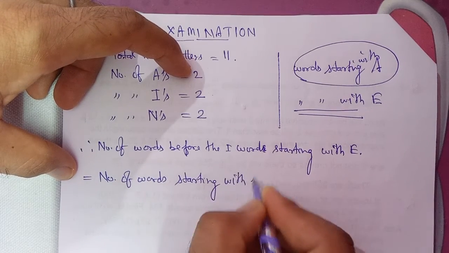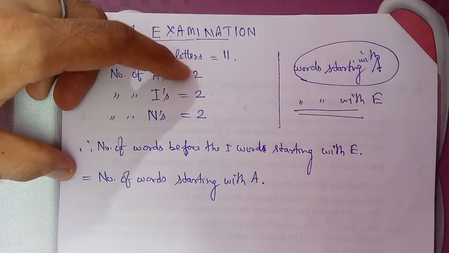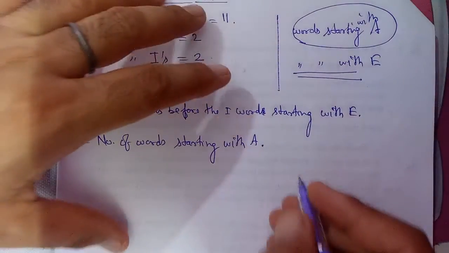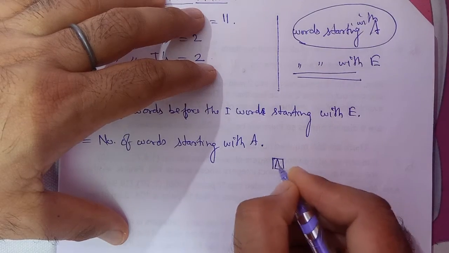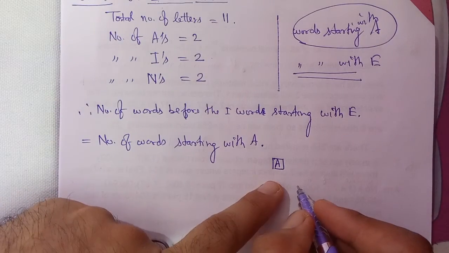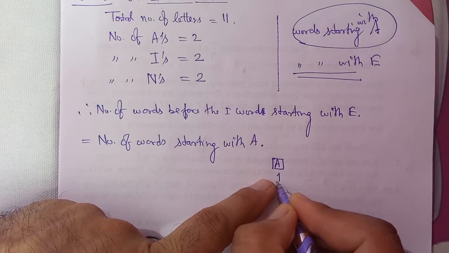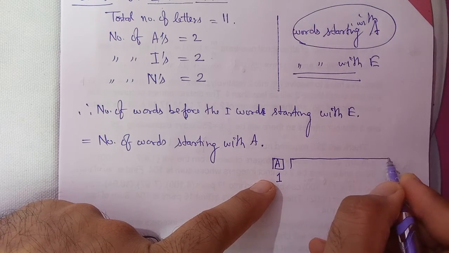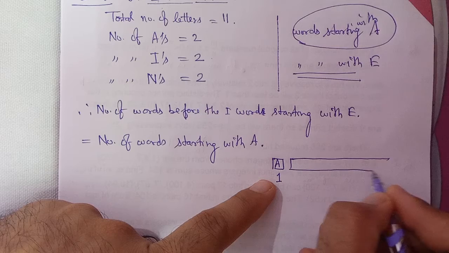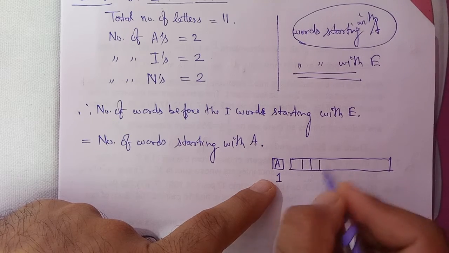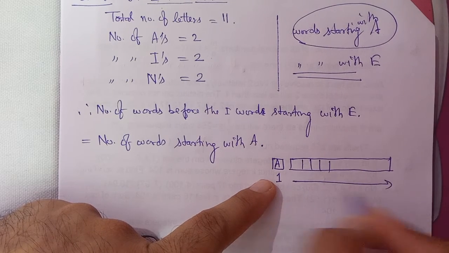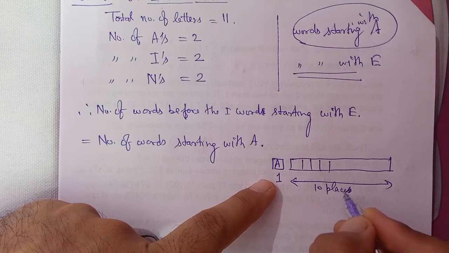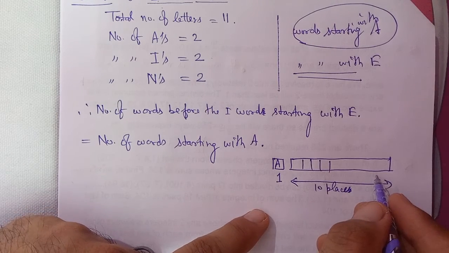starting with A. Now if you want to write number of words starting with A, it means first place has been fixed. You have no option for this place. It will always be filled by A, and remaining 10 places can be filled with your choice. In how many ways can you fill up these 10 places?